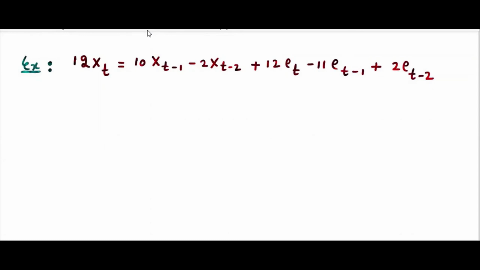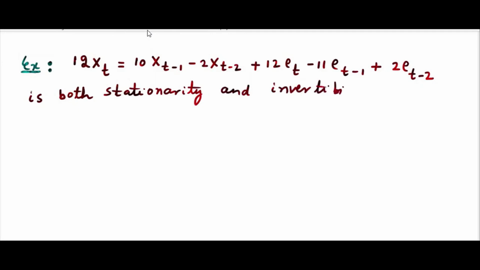You have to check whether this process is both stationary and invertible. Check whether this process is both stationary and invertible or not. So you are checking for invertibility and stationarity of this process.